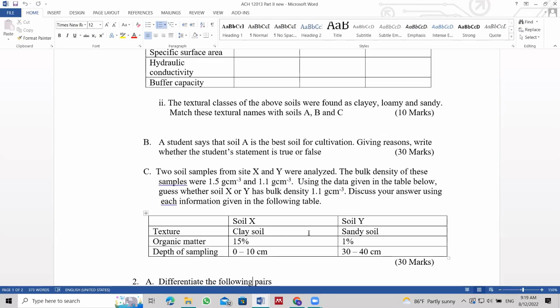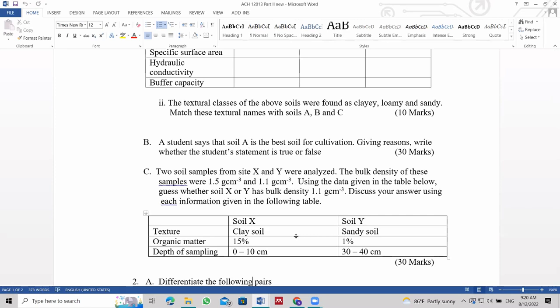Which is 1.1? Y. Y is 1.1. Soil Y. 1.5. Any other answers? Any others agree with that answer?